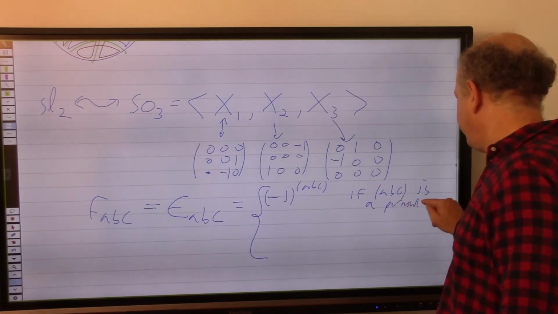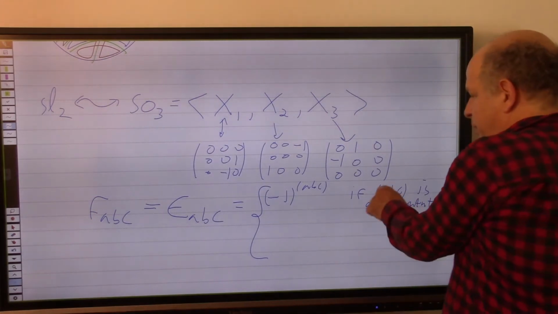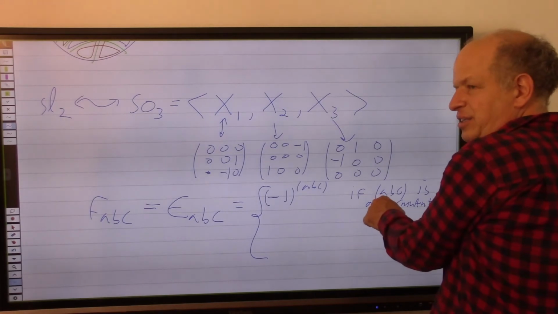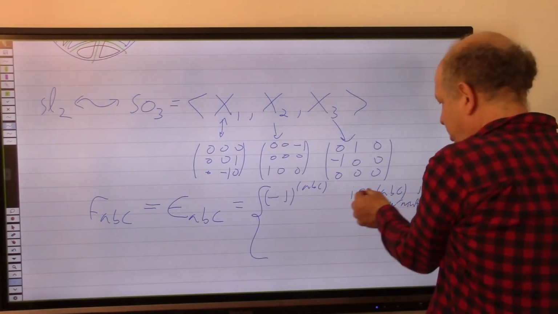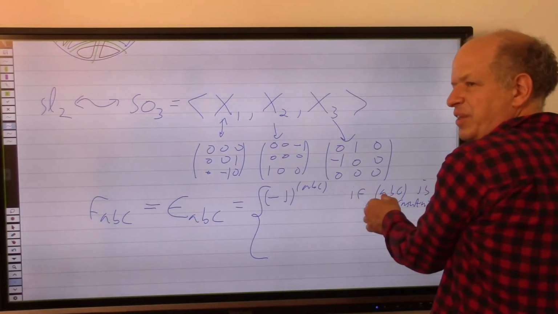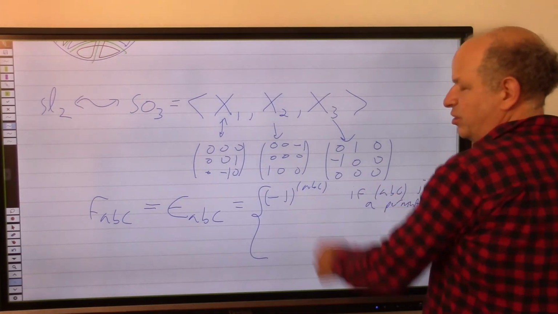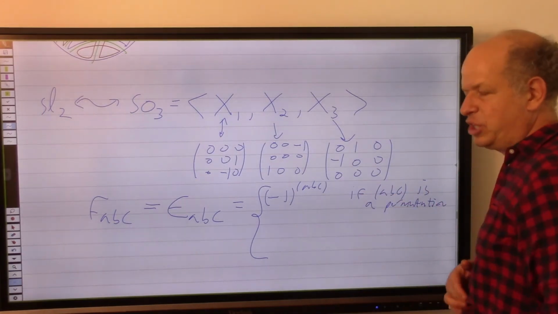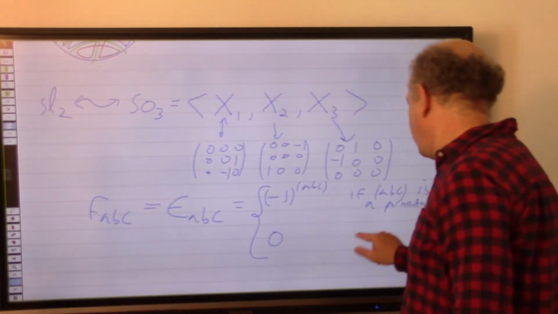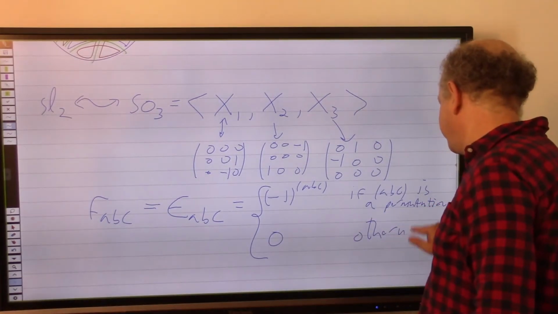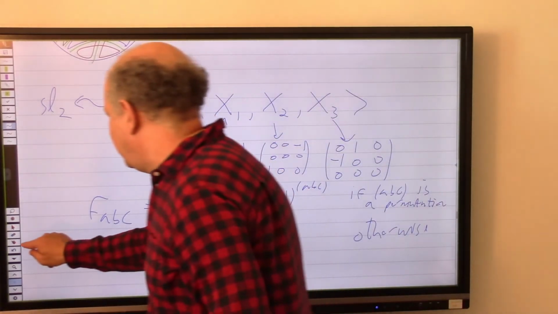If none of the indices is repeated, if you don't take twice the same thing, then this is a permutation, and you take the sign of the permutation, and 0 otherwise.